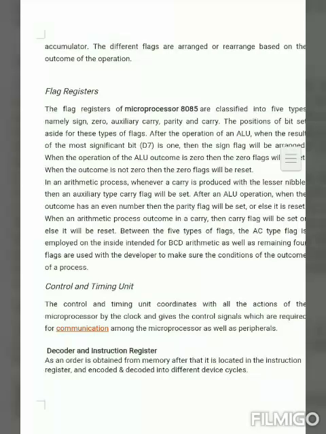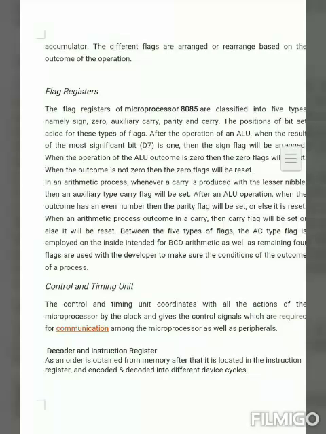Both the temporary register as well as the accumulator are utilized for holding the information throughout the operation, with the outcome placed within the accumulator. The different flags are set or reset based on the outcome of the operation. Flag registers of the 8085 microprocessor are classified into 5 types, namely sign, zero, auxiliary carry, parity and carry.